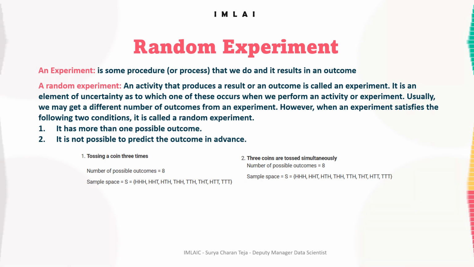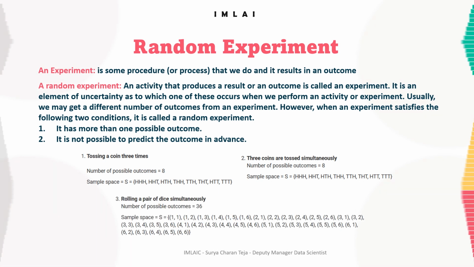Number of possible outcomes is 8. Another example, rolling a pair of dice simultaneously. Obviously it's 6 times 6, equal to 36, the total number of possible outcomes. We have done a huge amount of examples in the probability theory section. So these are the examples for random experiments.